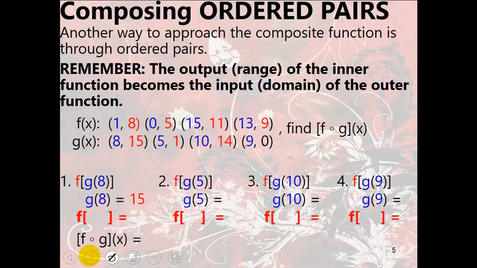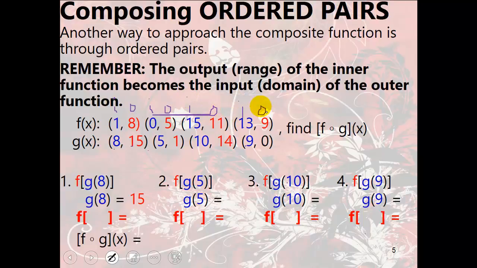All right, we can also do this with ordered pairs. And the thing to remember is that your first coordinates are all of your inputs, and your second coordinates are all outputs. Input, output, input, output.